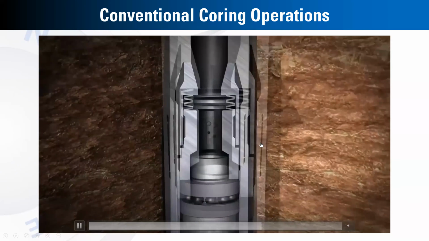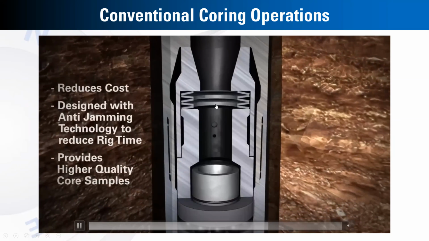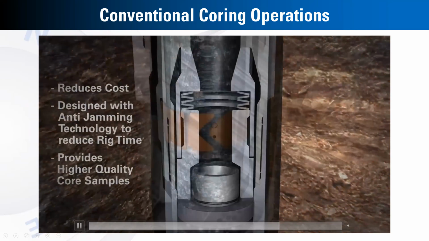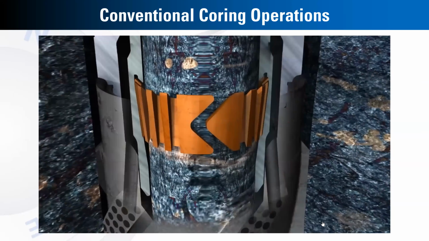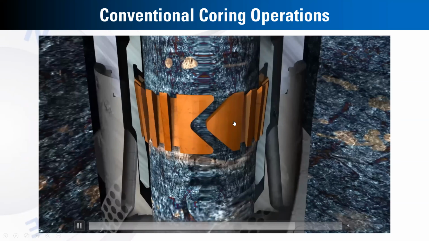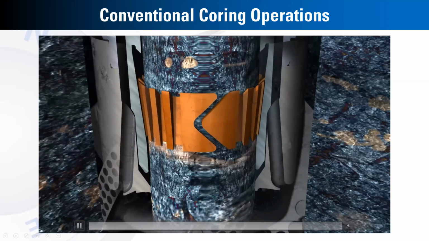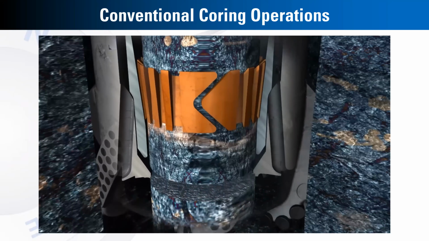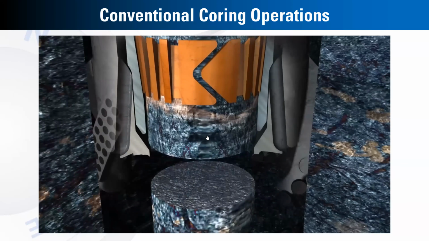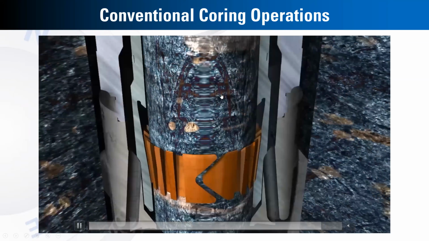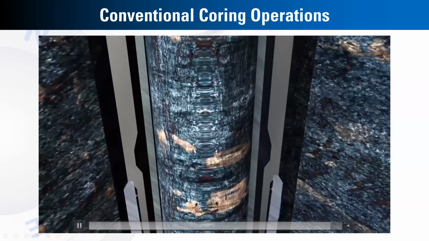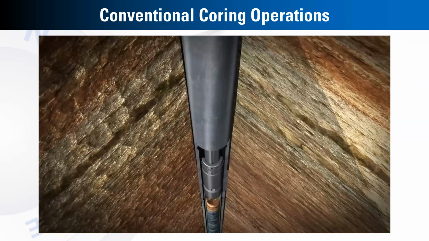Once the core section is acquired, this part of the coring string will catch the core section and start to pull out of hole with this core section to surface to start the preservation and transportation of the acquired core.